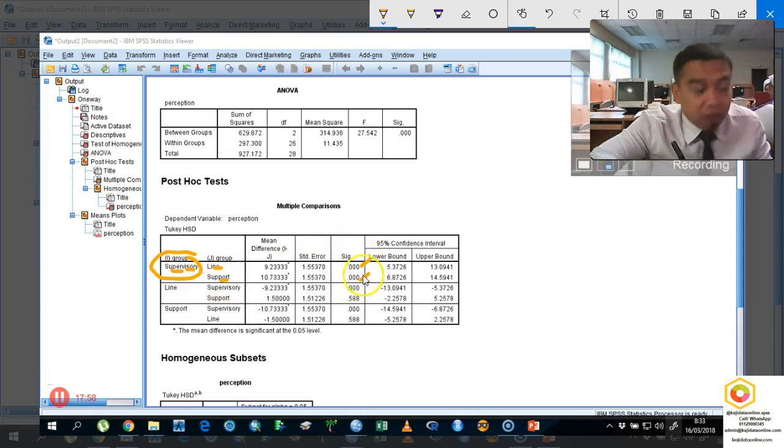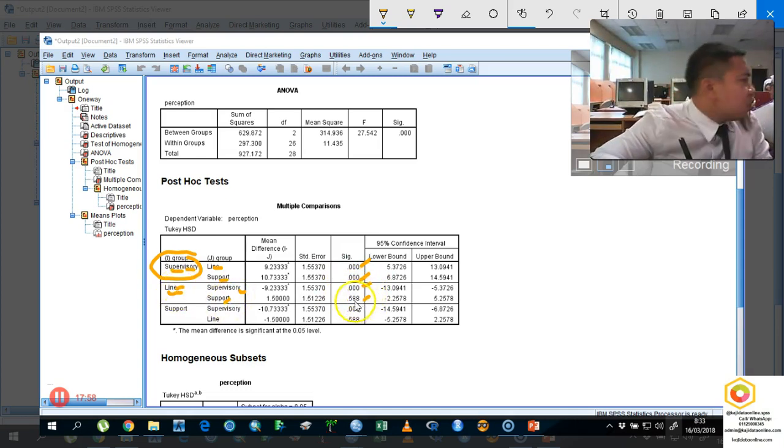Got different or not? Got different. You see the second one, the line and supervisor. Got different or not? Got different. You see another one, the line and support. Got different or not? No different, because no star here. And also the SIG is more than our alpha. And therefore, we are going to say, yes, they are different among these three groups.